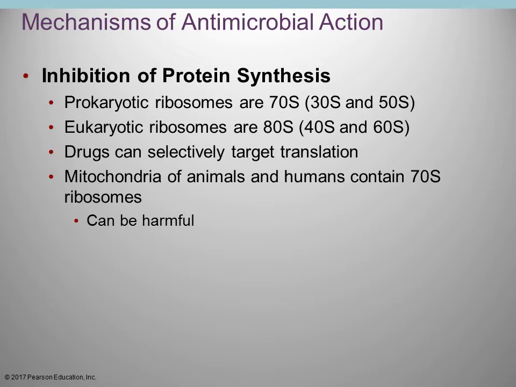But if you remember back when you studied the cell, in humans, in our mitochondria, in the inner matrix, there are some 70S ribosomes. So over the long term, it could cause some adverse effects by interfering with those 70S ribosomes and the protein synthesis that occurs there, inside the mitochondria.